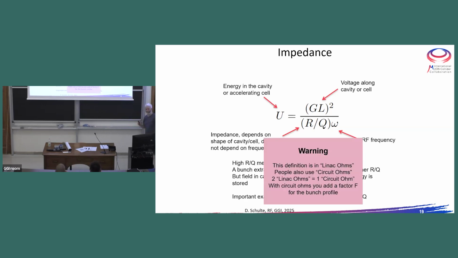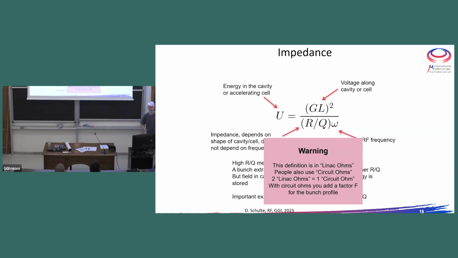I should warn you, there are two types of ohms for the R over Q, Linac and circuit ohms. And you can get really confused. They're different by a factor 2, so you cannot tell from the unit what it is. And that is, the people doing rings typically think about the current being a sine-like current. And people in the Linac, they think about the current being points that come, sort of a sequence of delta functions.